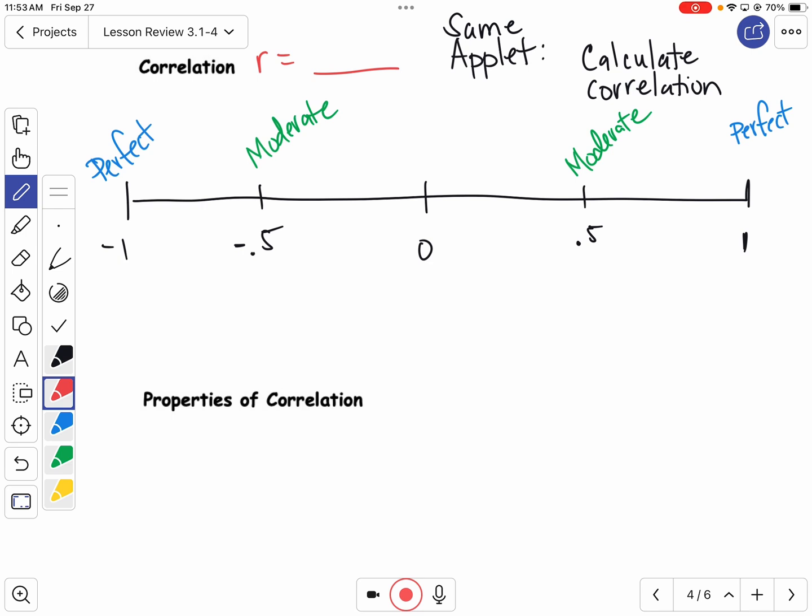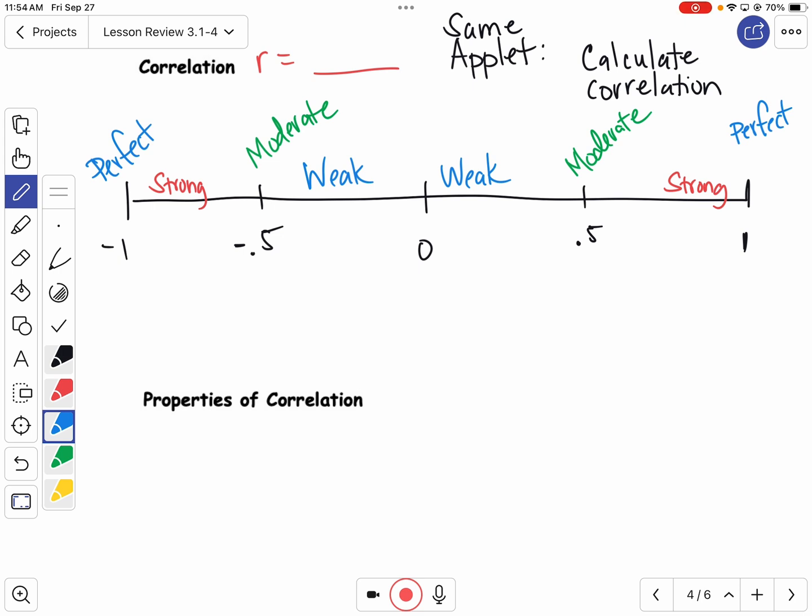Between -1 and probably about -0.7, or 1 and 0.7, we'd call that strong. Right, so there's strong in between there. And then weak as we get close to 0.